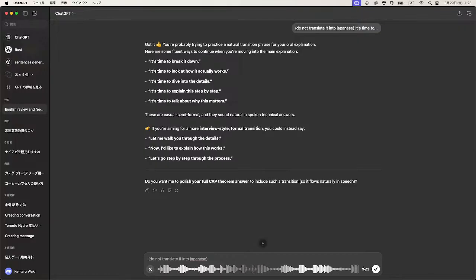In the CAP theorem, we can meet two of the three properties, which means we cannot meet all three at the same time. So there are three types of systems: CP system, AP system, and CA system. That's the definition.